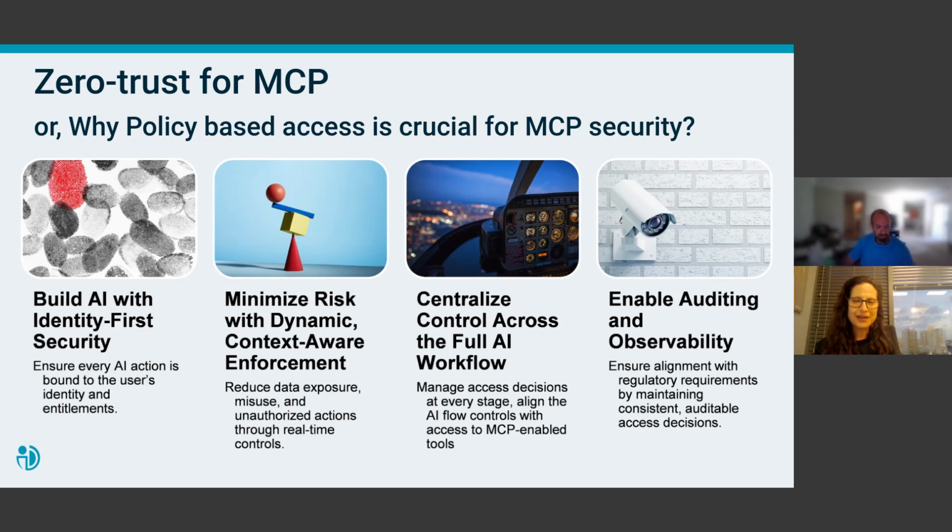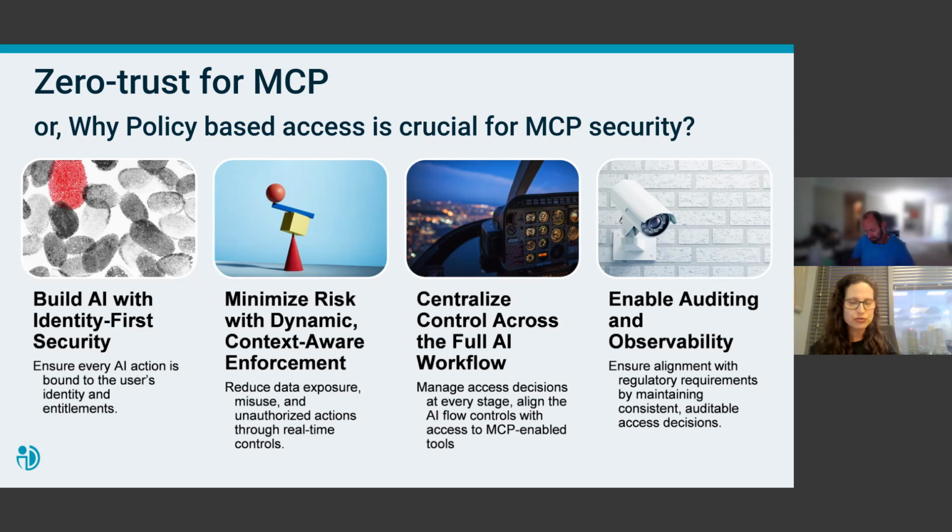And the last part we should never forget, especially in security, is auditing and observability. Because after everything has happened, we always need to be able to go back and understand what happened. We need the evidence that policies were in place and these events have happened.